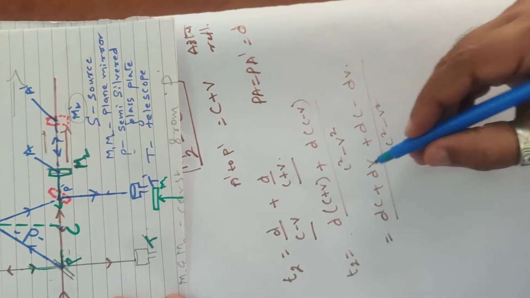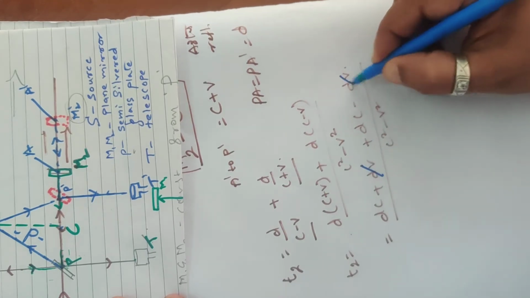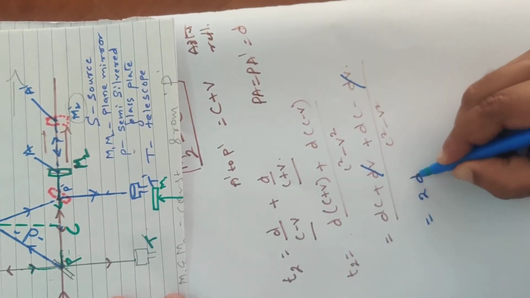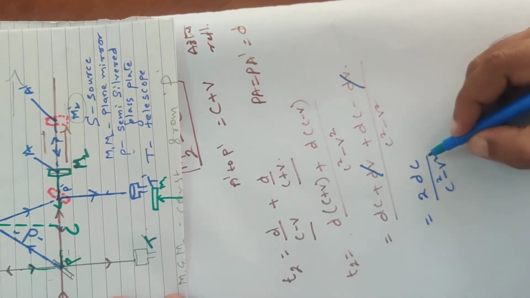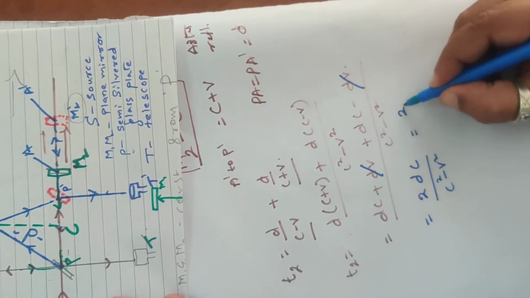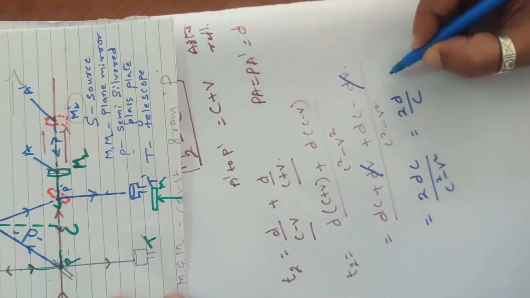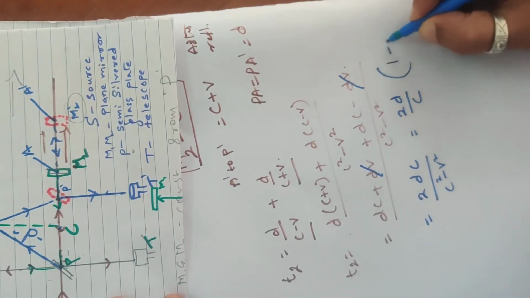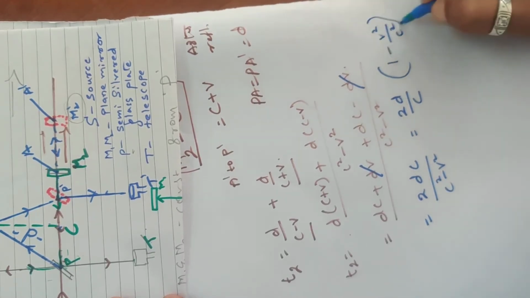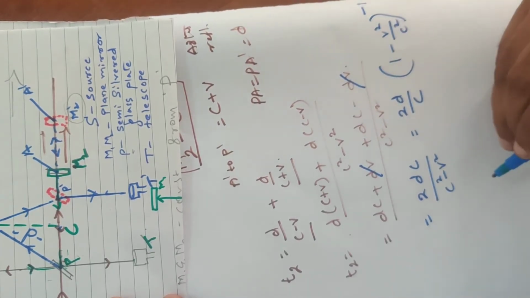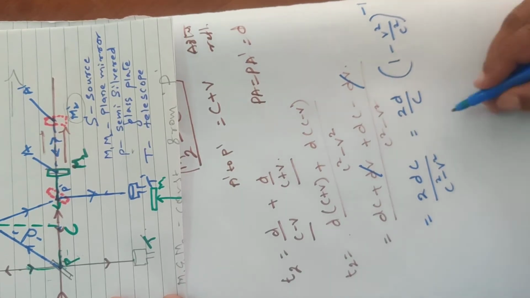So dv gets cancelled, therefore it is 2dc upon c square minus v square, or I can write 2d upon c into 1 minus v square upon c square, raised to minus 1, as it is in the denominator.